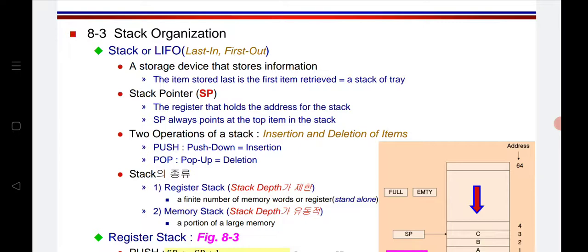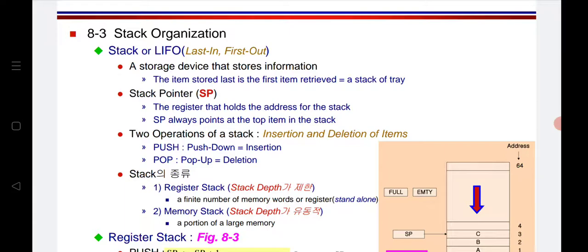What do you mean by stack? From your 10th standard or from your school days, you have heard about the stack, the memory stack. What is a stack? Stack organization always follows last in, first out. Whatever we save in the stack memory, the last one which we have saved is the one you are going to retrieve first.